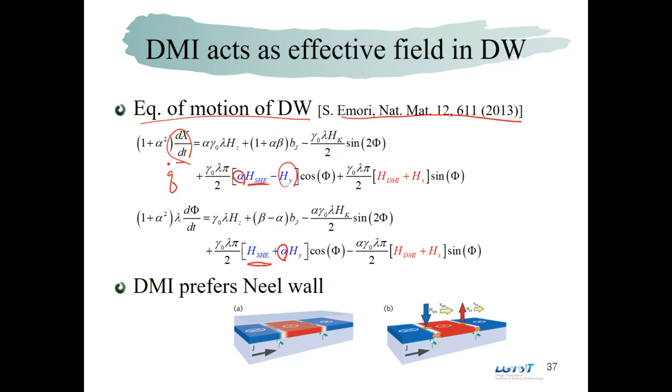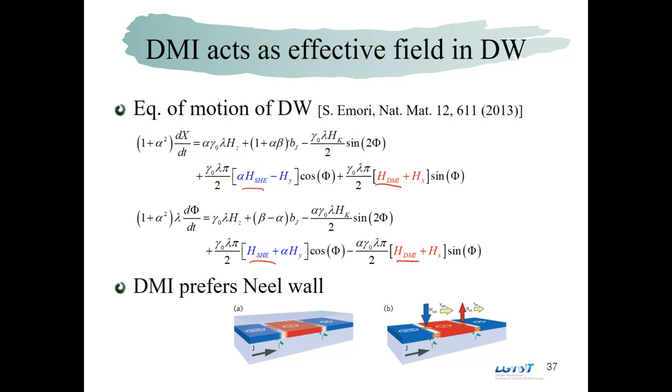But here, the spin Hall effect torque field is much larger than this transverse field. So it plays a more important role here. So anyway, you can easily find, I'm sorry, because of these two effective fields, the domain wall motion can be easily changed.